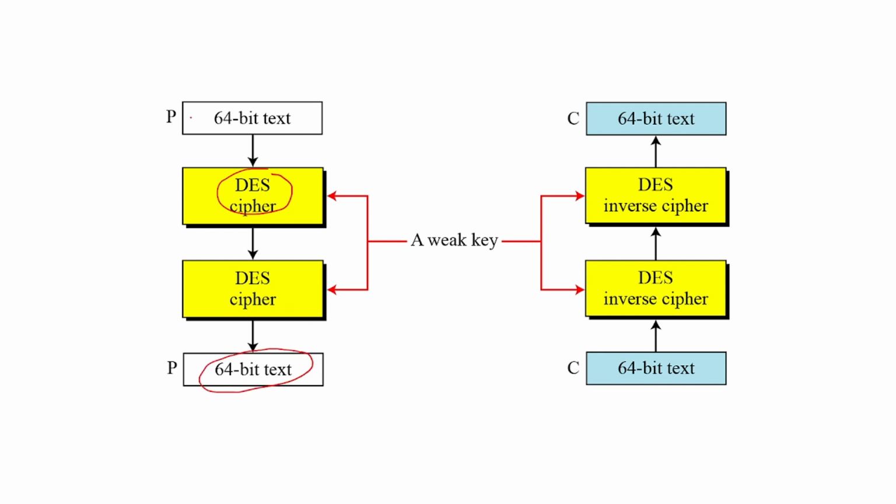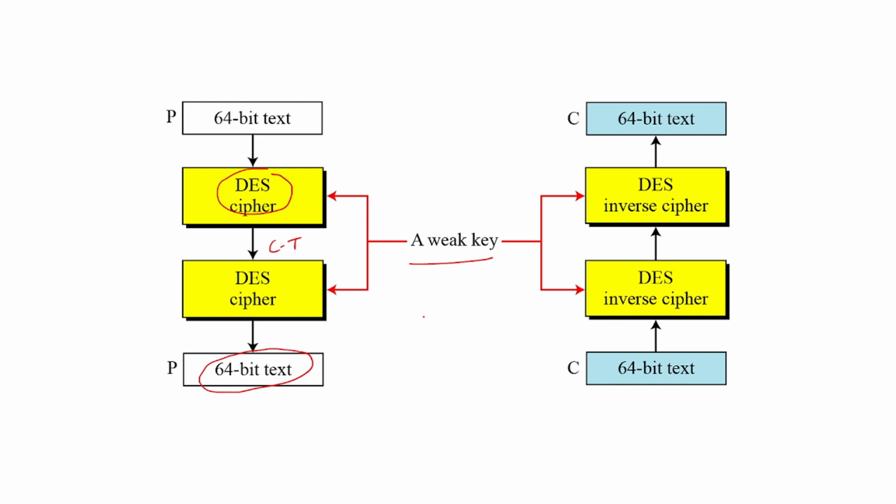The 64-bit plain text is encrypted into some ciphertext, and if you perform the same cipher on the ciphertext, you get the plain text. In the same way, if you perform decryption 2 times, you get the same ciphertext. So that is the drawback of a weak key.